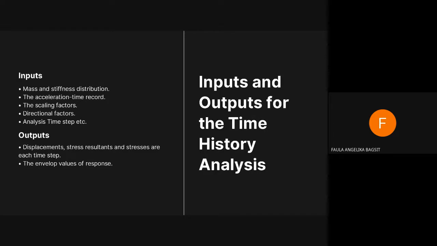Yan yung maaaring isaalang-alang ang mga halaga ng higit pa sa pagsuporta upang makuha ng mas tumpak na resulta sa ng structure. Papasok din yung defining dynamic load for time history. Ito yung input na kinakailangan upang ilagay sa spreadsheet for the dynamic time history analysis.